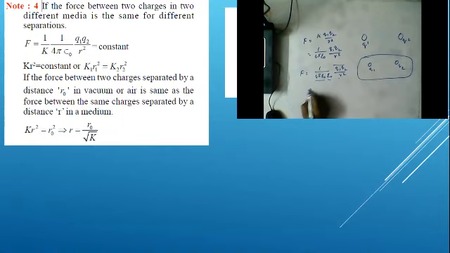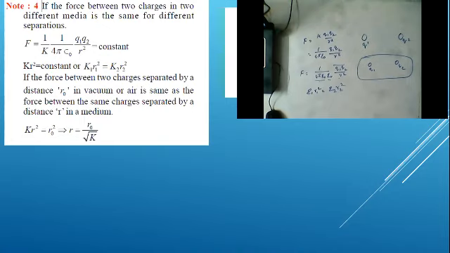So we can write epsilon 1 R1 square is equal to epsilon 2 R2 square, where R1 and R2 are the effective distances. R1 and R2 are what, guys? Effective distances.